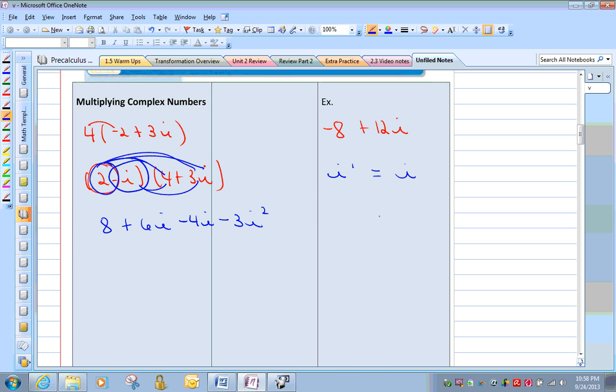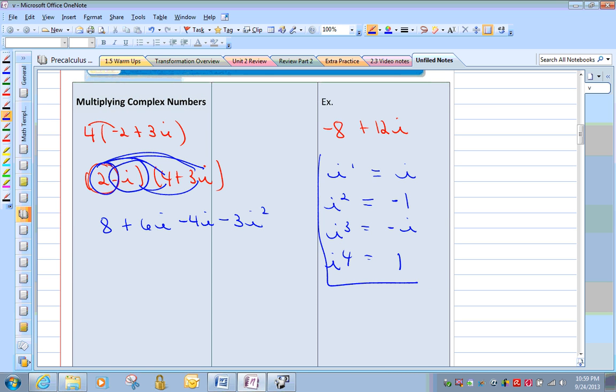So anything to the first powers itself. i squared equals negative 1. You have i to the third and i to the fourth. i to the third is a negative i, and i to the fourth is a positive 1.